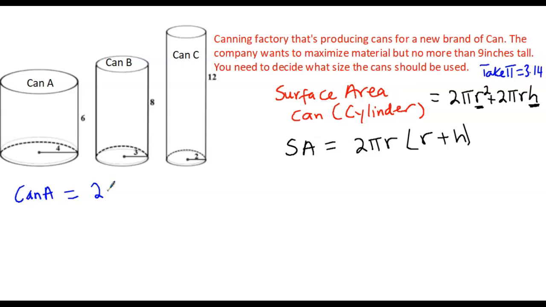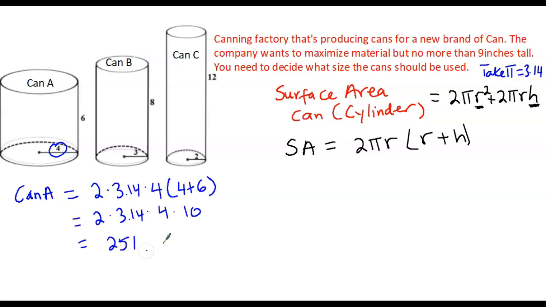We take 2 times pi, which is 3.14, times the radius, which is 4 here, and then times the radius plus the height, which is 4 plus 6, which we get 2 times 3.14 times 4 times 10, and you're going to get 251.2 inches squared.